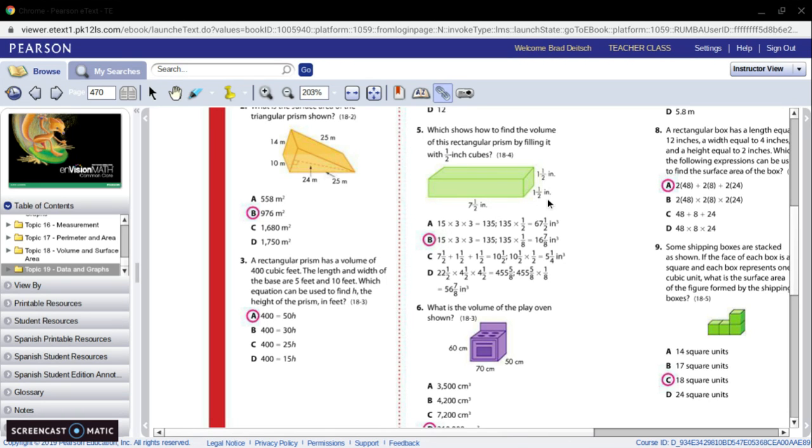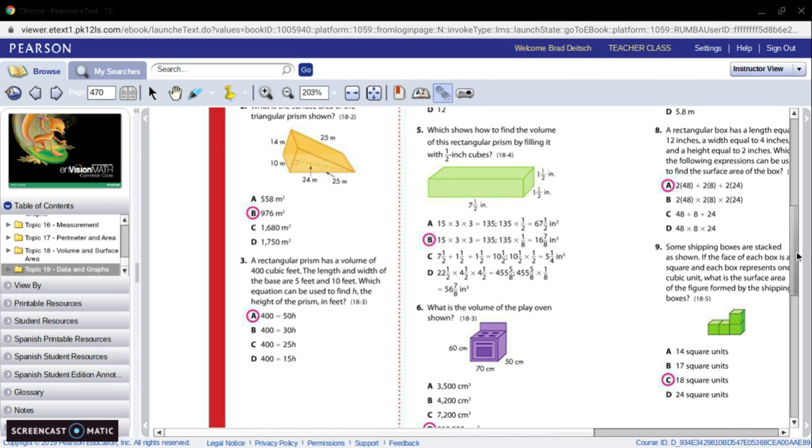How many halves can fit into length and width times the height? Don't worry quite as much about this one. 16 and 7/8 is the actual volume of the prism by doing 7.5 times 1.5 times 1.5, but I wouldn't be asking a question like this on the test.